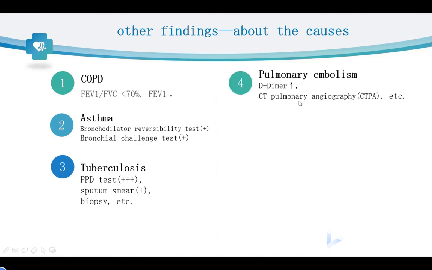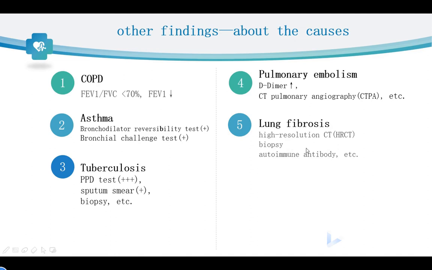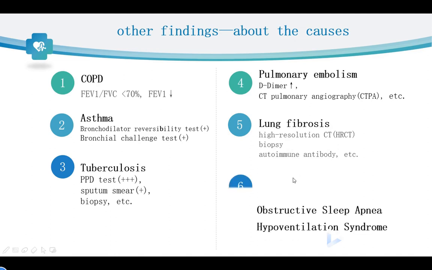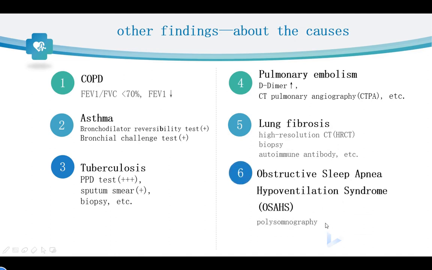If the patient has acute cor pulmonale caused by pulmonary embolism, in this condition, we need to arrange the D-dimer or CT pulmonary angiography for this patient to confirm the diagnosis of pulmonary embolism. And others, lung fibrosis, and so on. So, please pay attention to here.